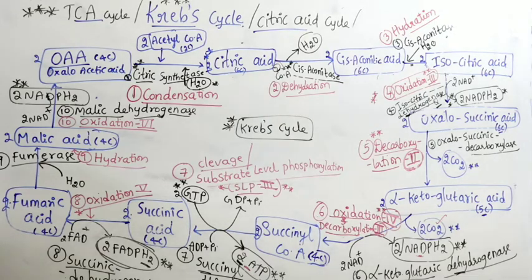Very important, right? So in this the steps are very very important. Where NADPH2 is produced, that is important. Where carbon dioxide is produced, that is important. Where FADPH2 is produced, that is important, and where ATP is produced, right?